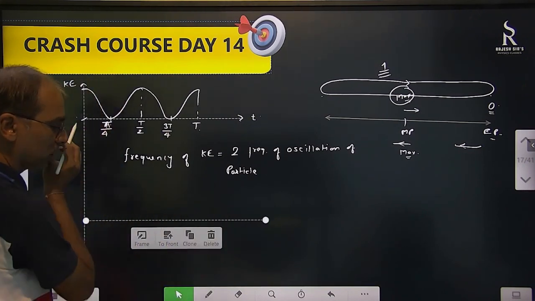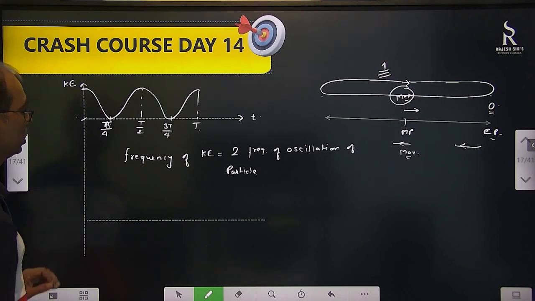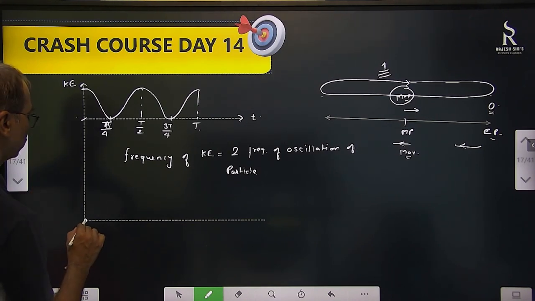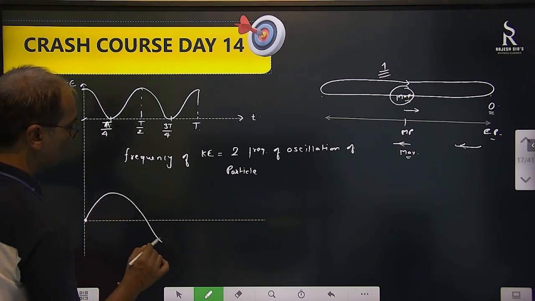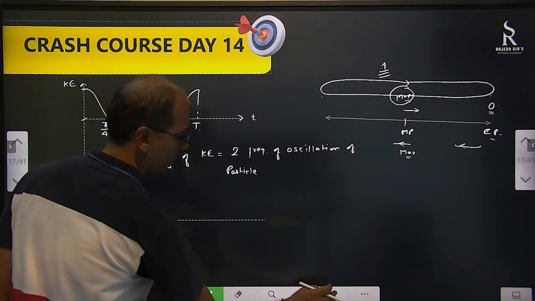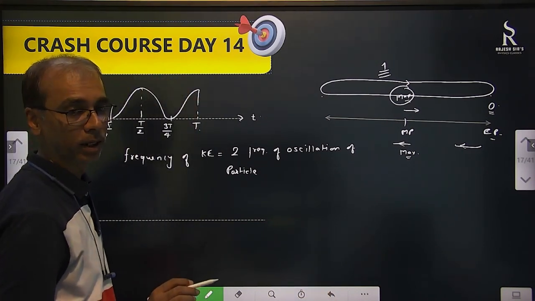This is potential energy. Now this is mean position, so potential energy here will be 0, but here it will be maximum. So it will be like this. Sorry, made a mistake, because potential energy also will never be negative.